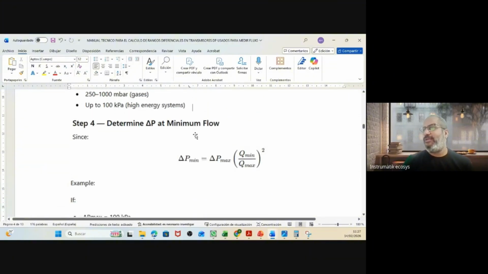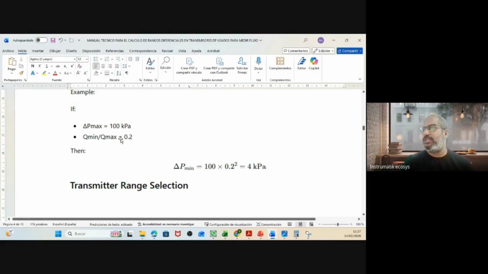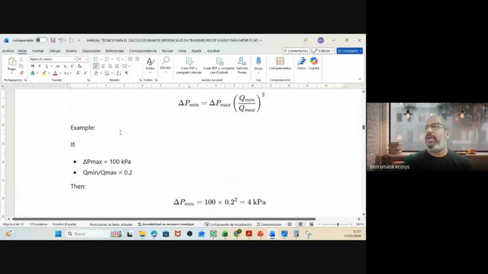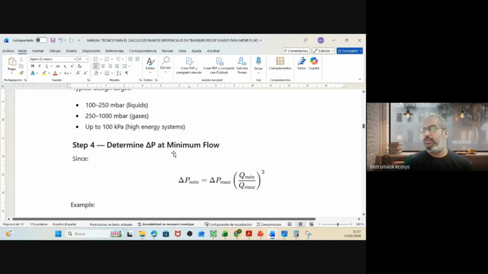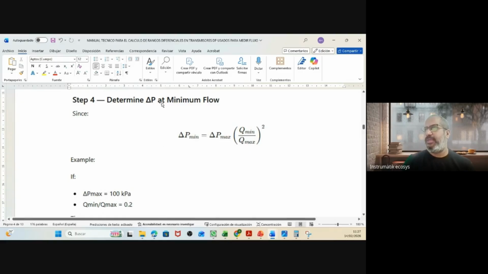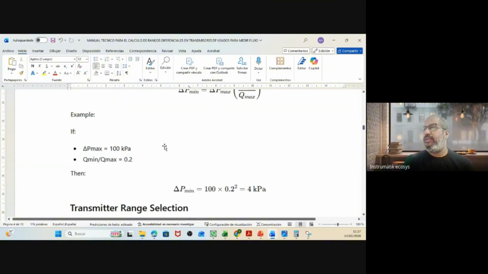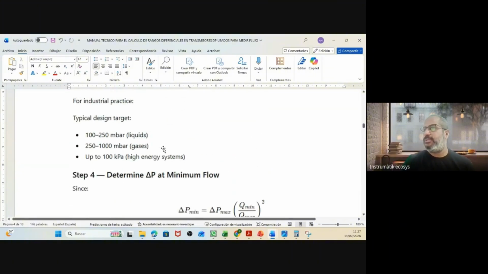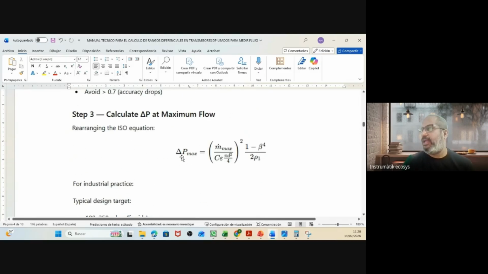These are the two values that you need to have the ranges. Here you have delta P at minimum flow, and at the end you have delta P maximum. Let me go back here.